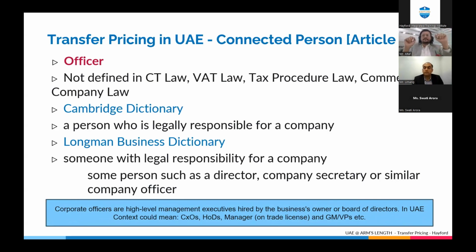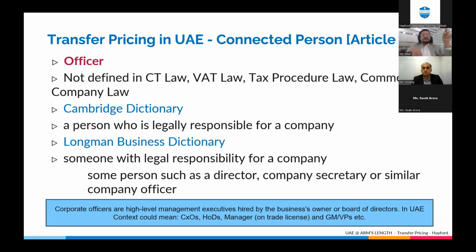The answer is that sometimes, for example, in the case of quite a lot of insurance companies which are actually branches of foreign entities, if you look at their trade license, you will find that the branch manager's name is reflected on that trade license, written as general manager.